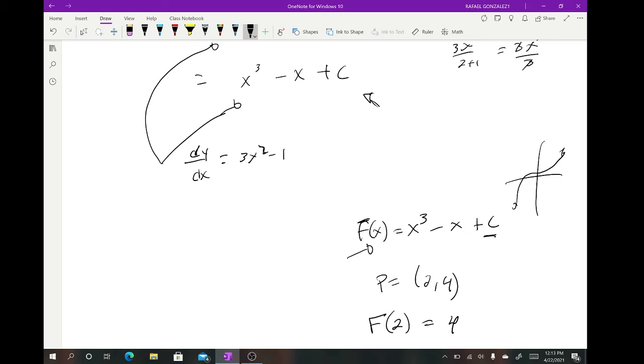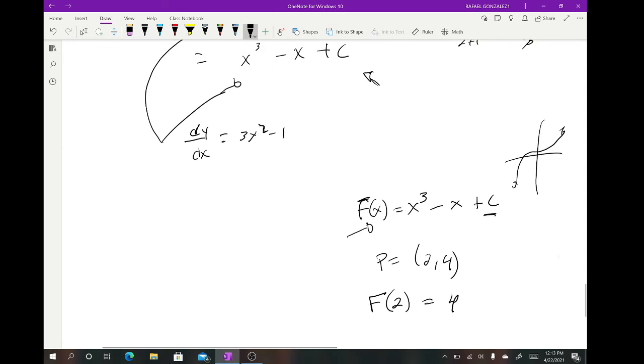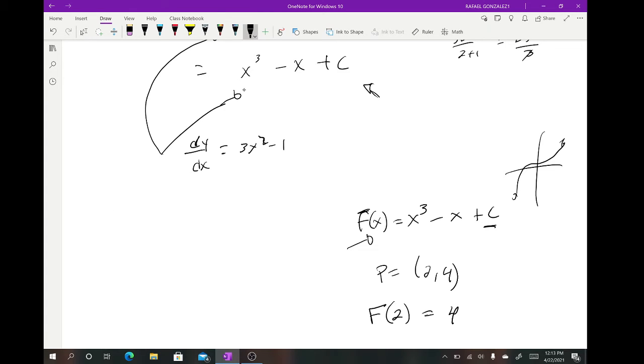So we can actually solve for this and get a solution for the whole equation, because we have what the antiderivative is. F of x is x cubed minus x plus c, the antiderivative.